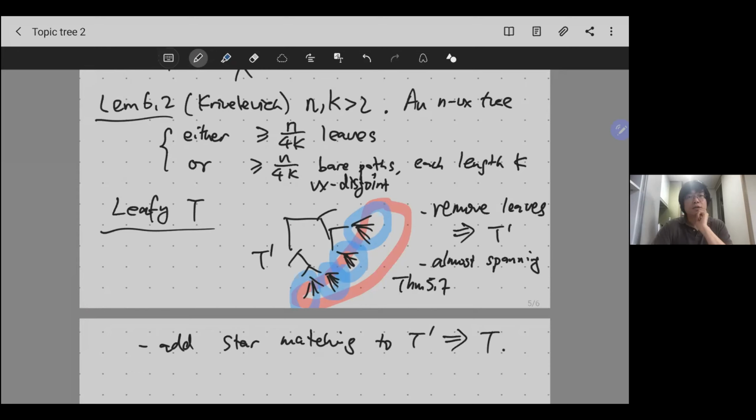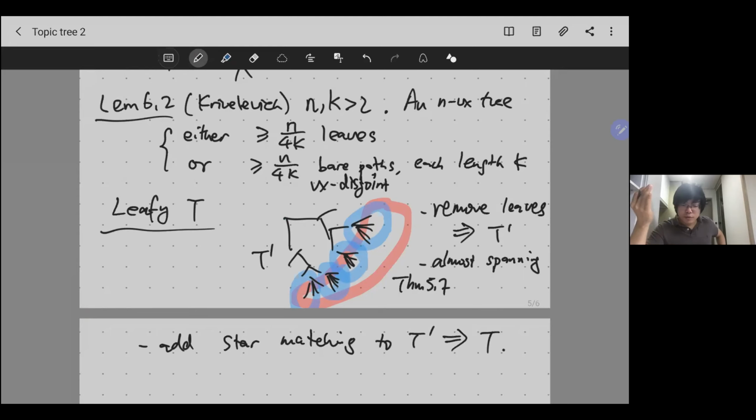The question is, maybe they can have a common endpoint. Okay, this is not so important. Let's just say they are vertex disjoint, the bare paths. This lemma, I didn't state it precisely.